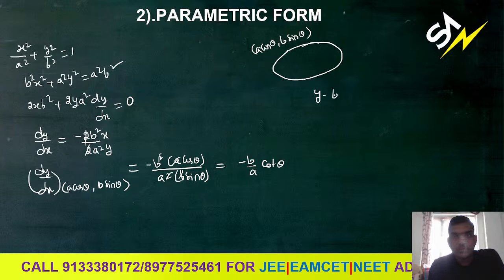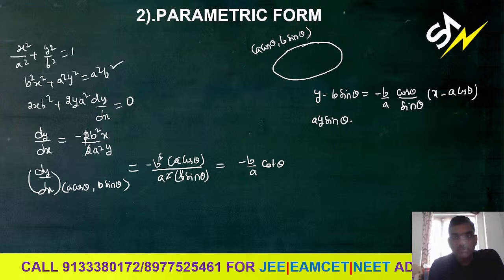Then what is the equation of the tangent? y minus y1, that is b sin theta, is equal to the slope, minus b by a into cos theta over sin theta, into (x minus x1), that is a cos theta. So ay sin theta minus ab sin square theta equals minus bx cos theta plus ab cos square theta.